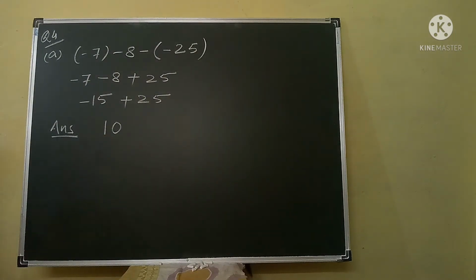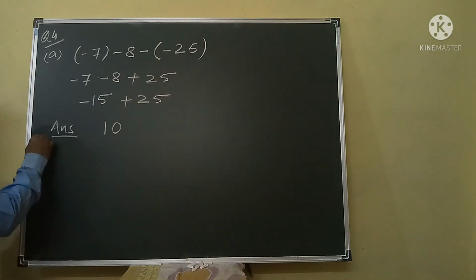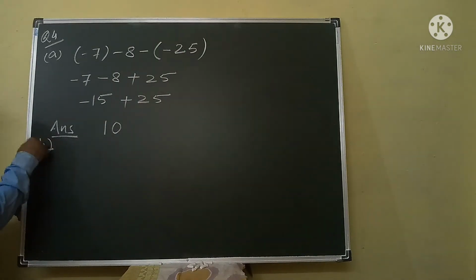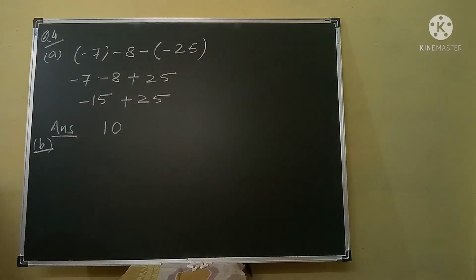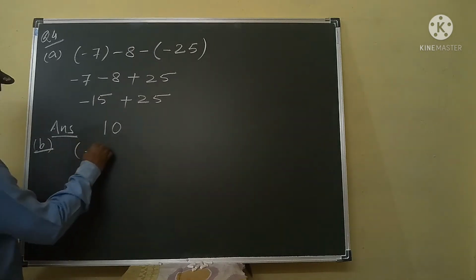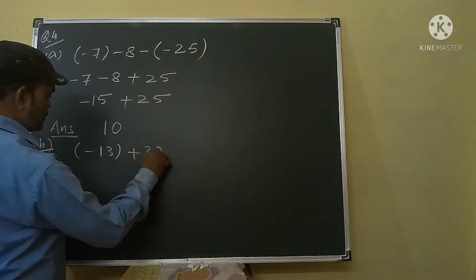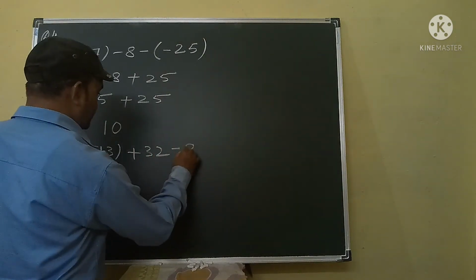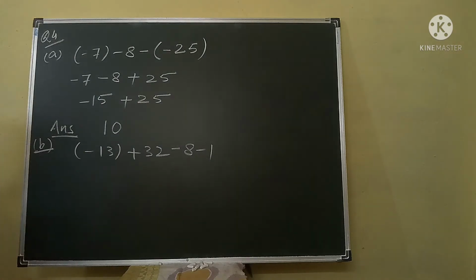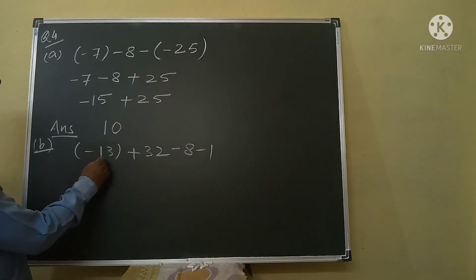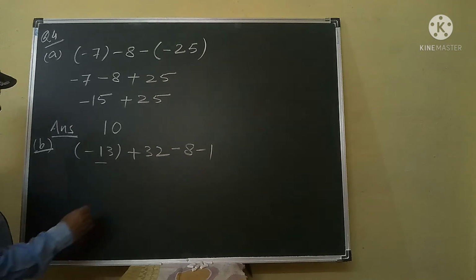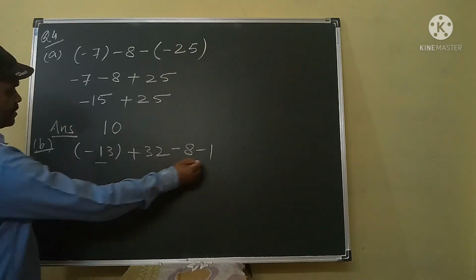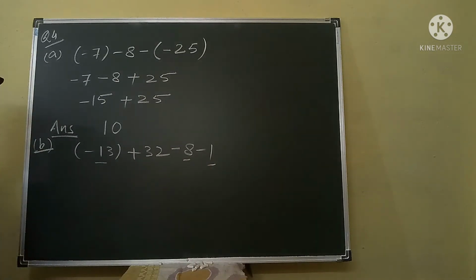Let us go to question number 4b. We apply the same procedure. Minus 13 plus 32. This is minus 8. This is minus 1. So minus 13 is a negative integer, 8 is negative, 1 is negative, and 32 is a positive integer.